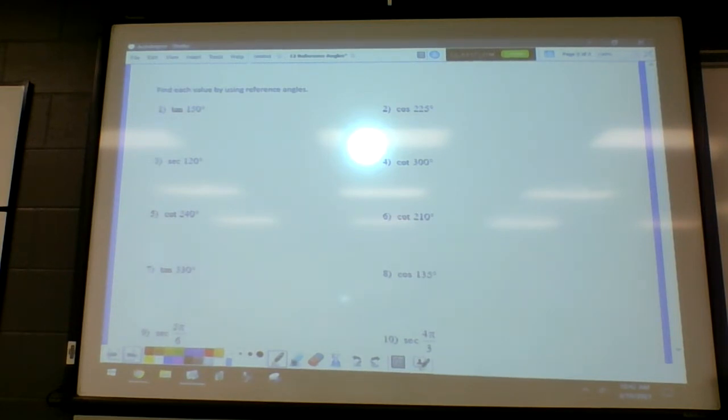The x's are negative, and x's represent cosine. Cosine is negative. What else is negative? That would make secant negative. Yes, its reciprocal is also negative. What else is negative? Tangent and cotangent, because it's sine over cosine, right?